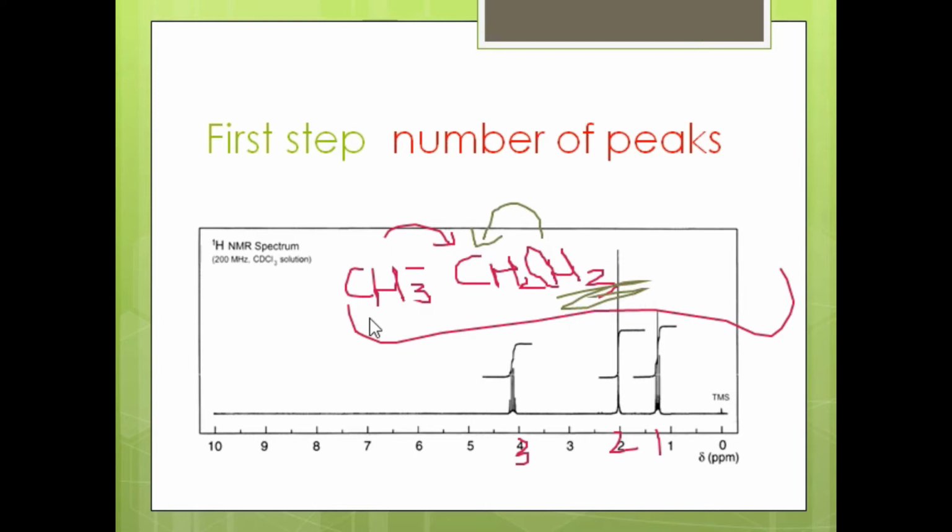It means that this methyl group has a CH2 in its environment. Same is the case for this methyl group. So this gives us only 2 peaks. One peak is due to this methyl and this methyl. Of course they give us an integration value of double, but they give us a single peak.